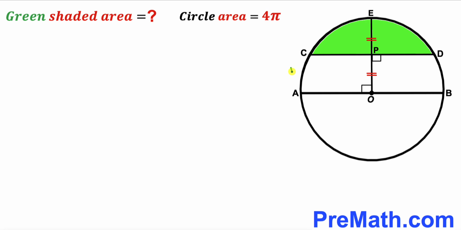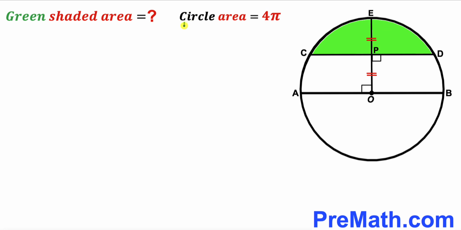We have got this circle with the center O along with this diameter AB, as you can see in this given diagram, such that OE is the radius that is perpendicular to this diameter AB, and moreover this chord CD is parallel to this diameter AB, and this chord CD intersects this perpendicular at this point P, such that this segment EP equals this segment OP, and as a result we end up with this green shaded region.